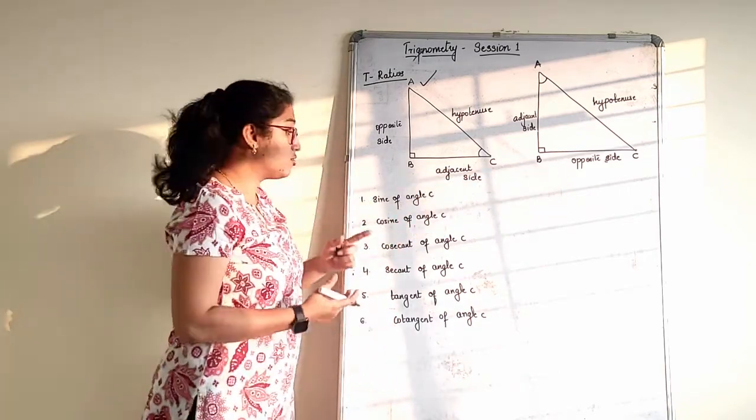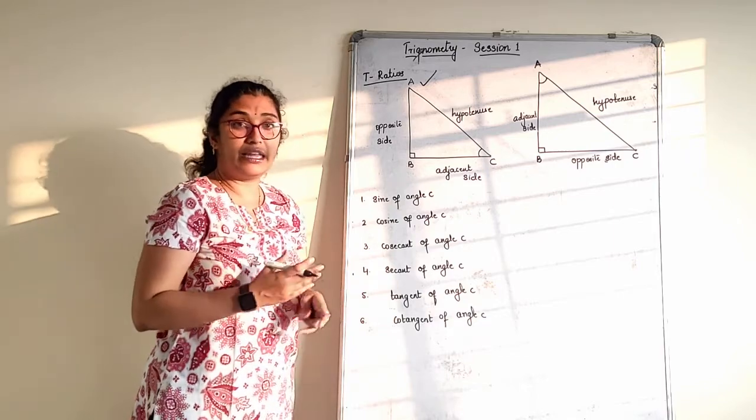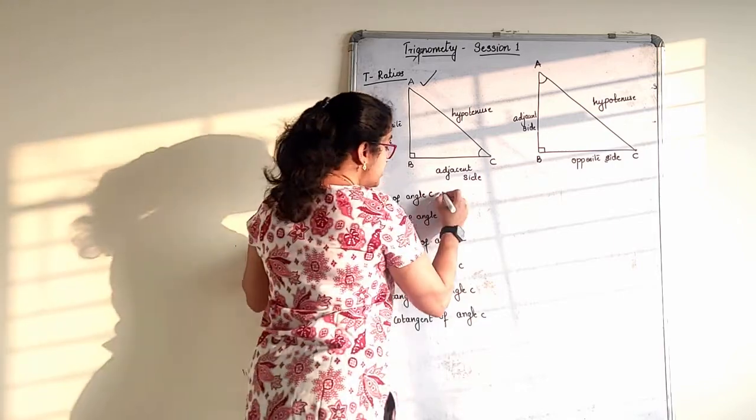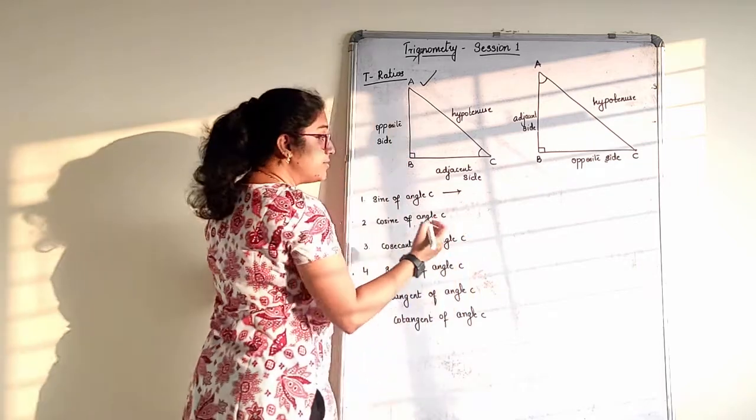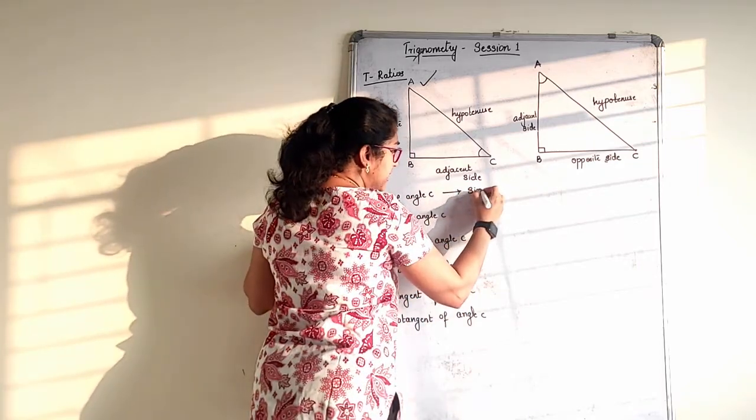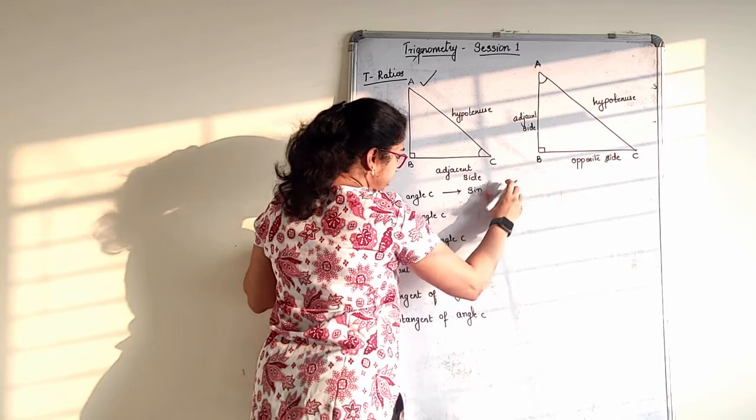Sine of angle A, cosine of angle A, cosecant of angle A, etc. Right? This sine of angle C is read as sine C.